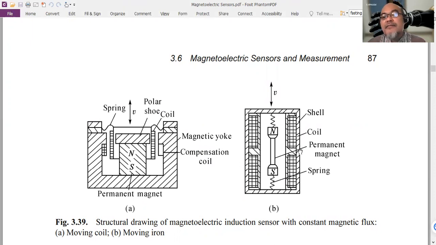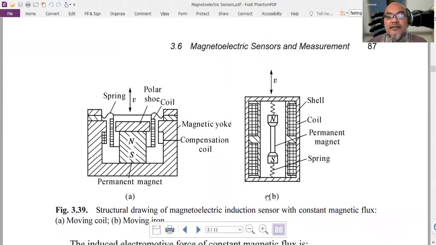Similarly here there are permanent magnets and the magnetic flux is constant, but the conductor moves relative to that magnetic field.